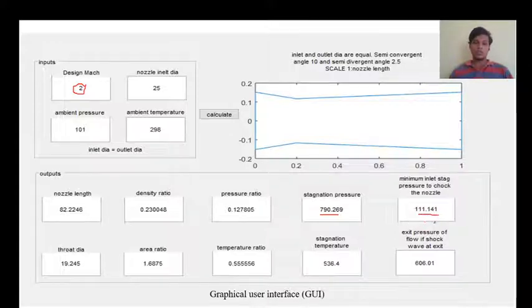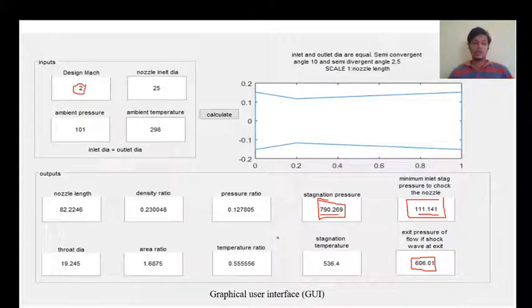So this is always less than the other stagnation pressure. This stagnation pressure is for the perfectly expanded nozzle. This one is to choke the nozzle. And this pressure is actually required to place a normal shock wave at the exit of the nozzle. These are the various things.